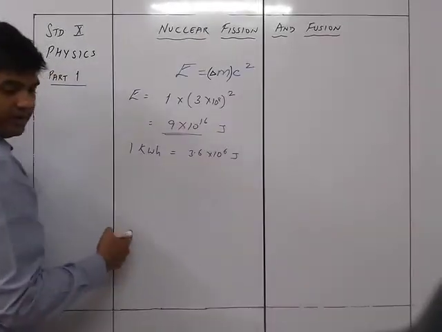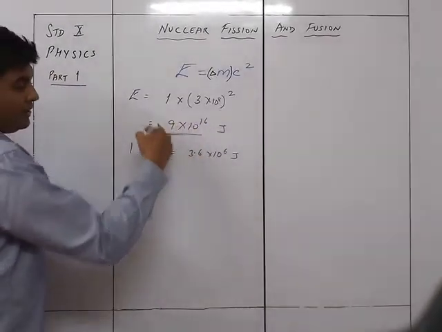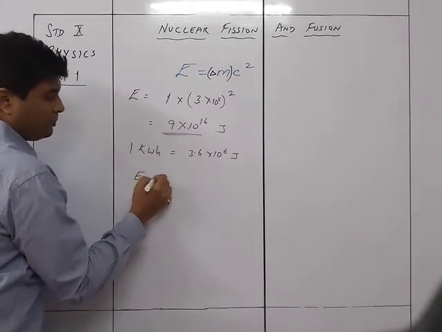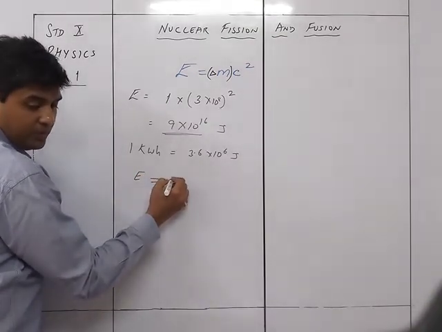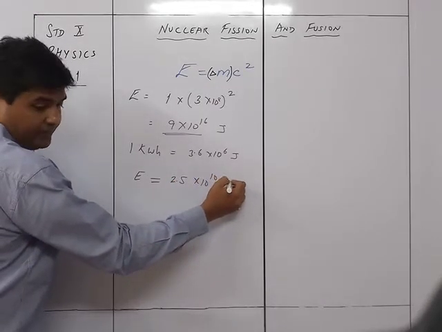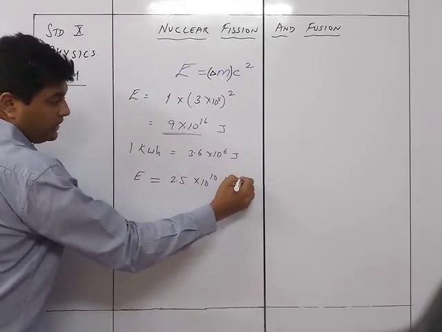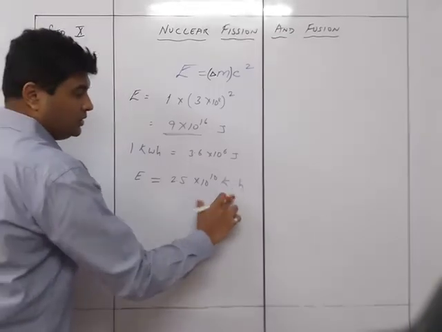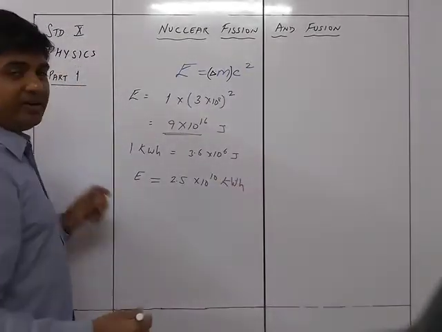Accordingly, on calculating we find that the energy given out by 1 kg will be equal to 2.5 into 10 raised to 10 kWh. So that's a huge amount of energy.